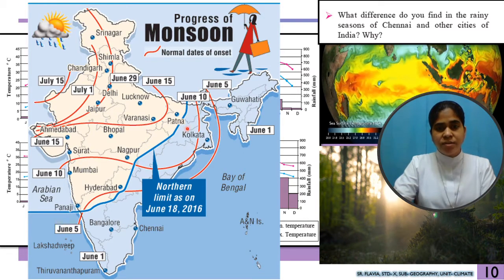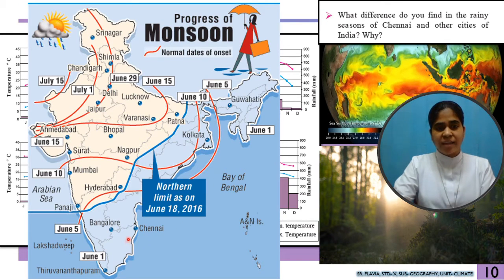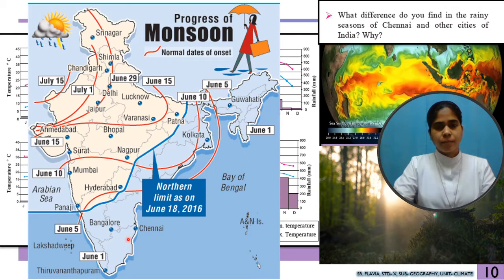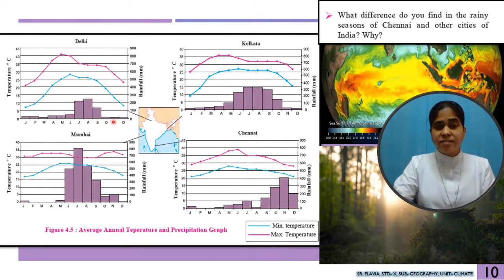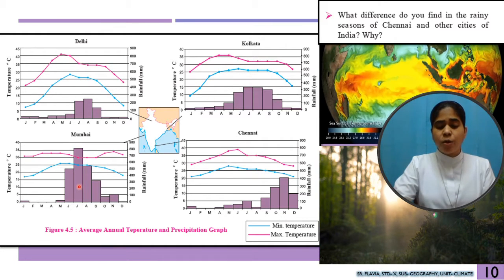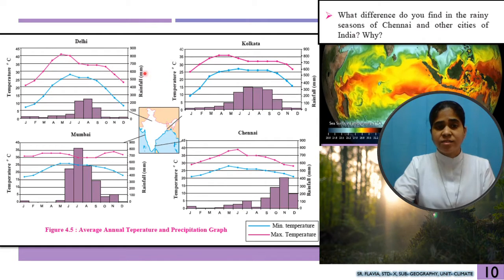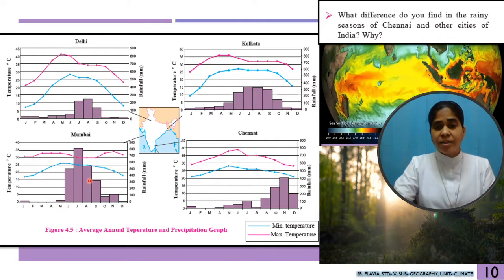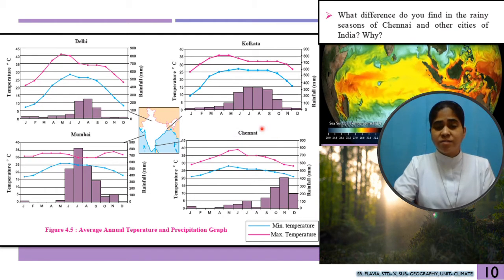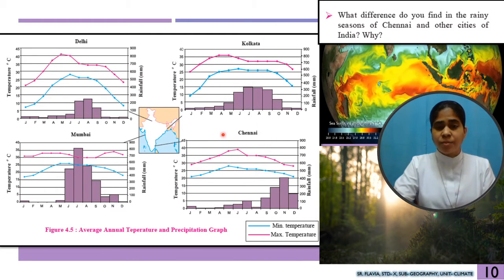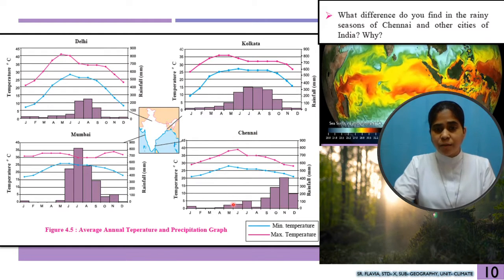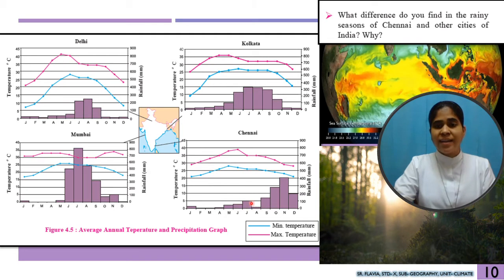And when they take a U-turn again, Chennai is getting rainfall. So the other cities, Delhi, Kolkata, Mumbai, they receive rainfall only from the southwest monsoon winds. But Chennai is getting rainfall from the southwest monsoon winds as well as from the northeast monsoon winds. That's why the monsoon season is longer in Chennai.